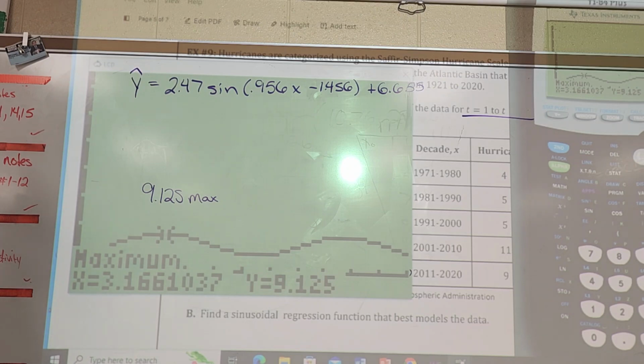Now, what's that mean? What's the max number of storms? 9. I would actually go with 10. The max you could have would be 10, based on the model. It doesn't ask for it.